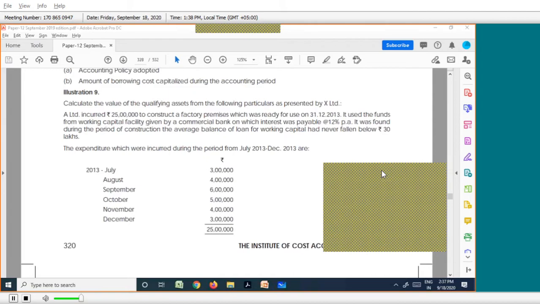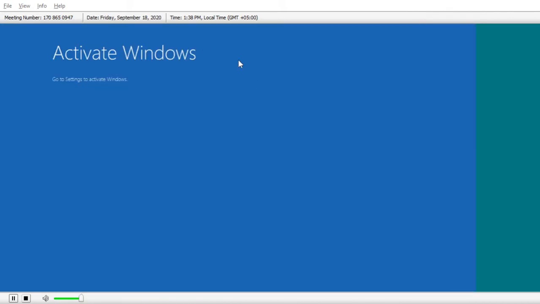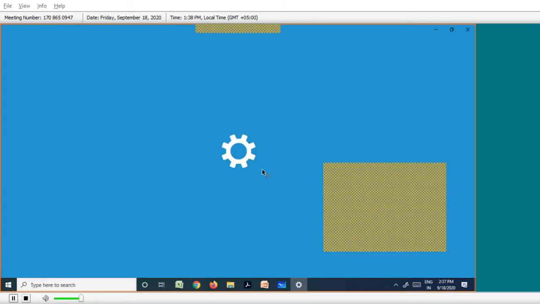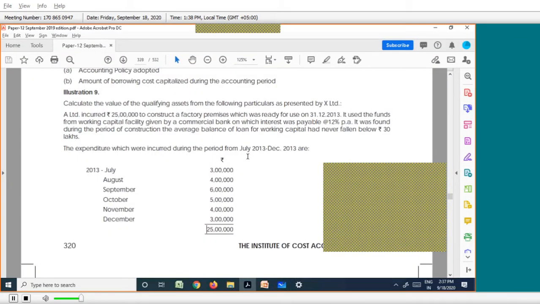I hope we are going in the right direction, working capital loan and cash credit difference. I don't want to waste my time. Whatever the discussion was, were you able to hear it? Working capital loan versus cash credit difference.